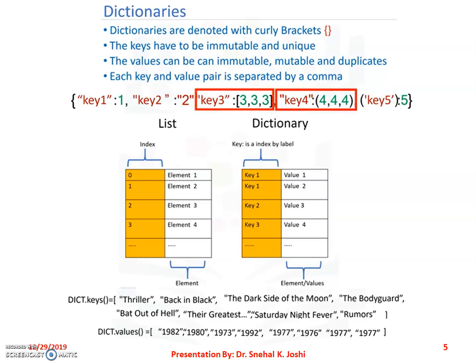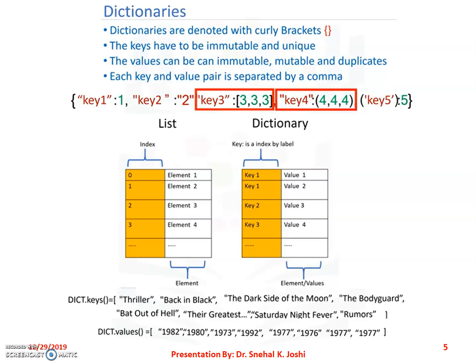To create a dictionary, we use curly brackets and the keys are the first elements. They must be immutable and unique. Each key is followed by a value separated by a colon. The values can be immutable, mutable, and duplicates. Each key and value pair is separated by a comma.